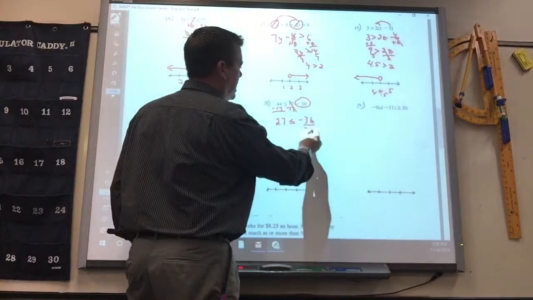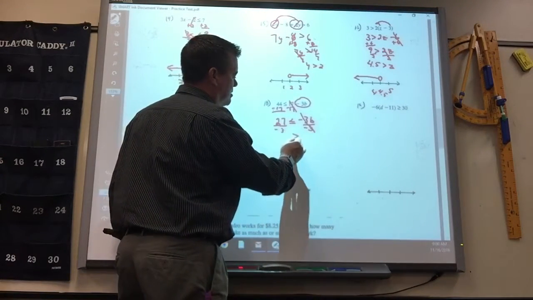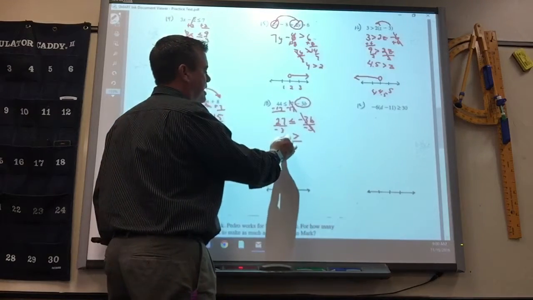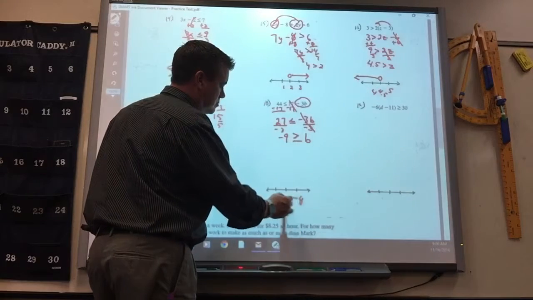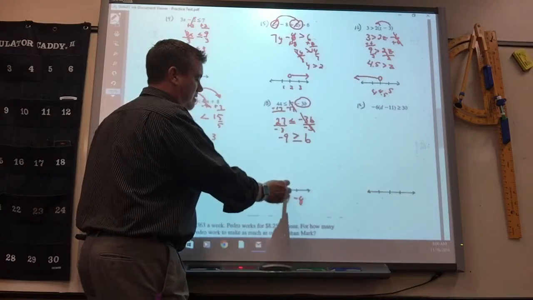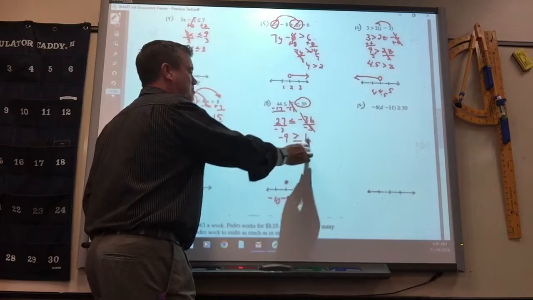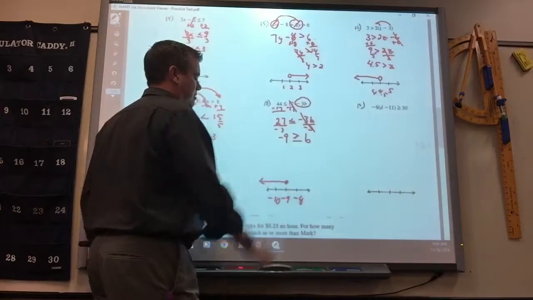So when I divide by -3, you got to change the direction of the sign. So that's -9. So that's a filled-in circle at -9. Read it backwards. B is less than, so it's to the left of -9.